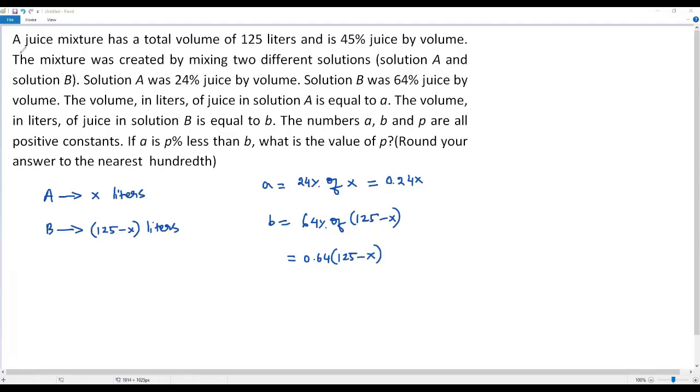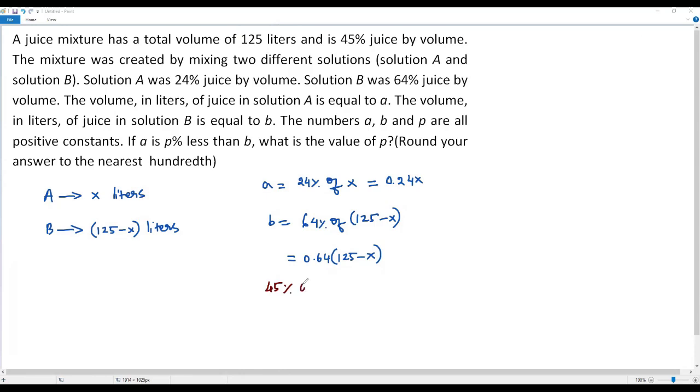Now let's consider the information we have over here, that is the juice mixture is of 45% juice by volume. That is, in this 125 liters of mixture, 45% is juice. Now to find the number of liters of juice in this 125 liters, I have to calculate 45% of this number. Okay, now let me do the calculation.